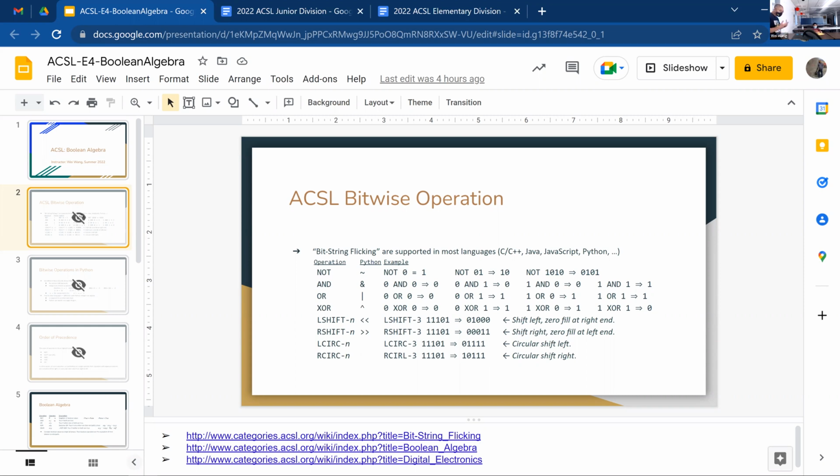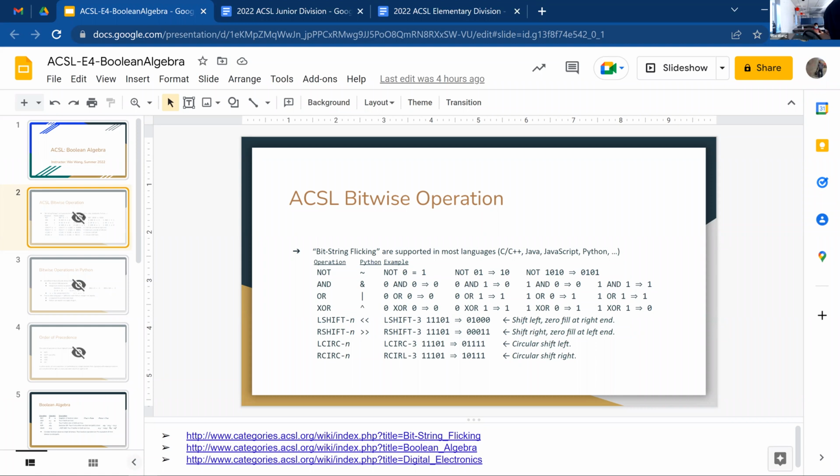So in computers, there's basically just binary bits, and so these bitwise operations are the most basic thing you can do in computers, right? So what that means is that NOT basically means a bit flip.